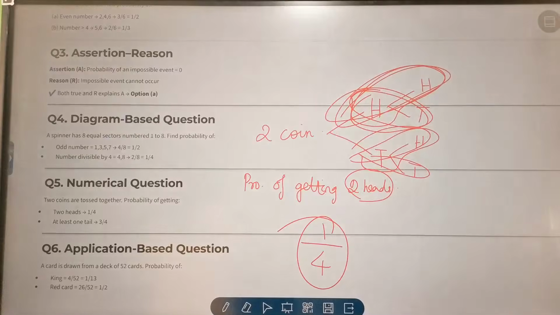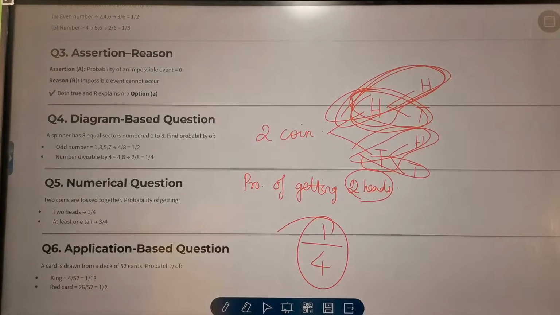Yes, Rahul, the answer is 26 divided by 52. Yes, 26 divided by 52, right? So if we simplify that, it is equal to 1 by 2 is the answer.